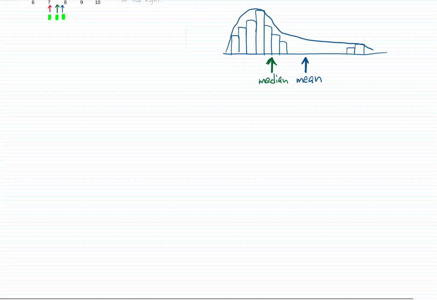I want to show you how to write a formula for the mean, and I want to remind you of something from chapter 1. This is a reminder about population and sample.